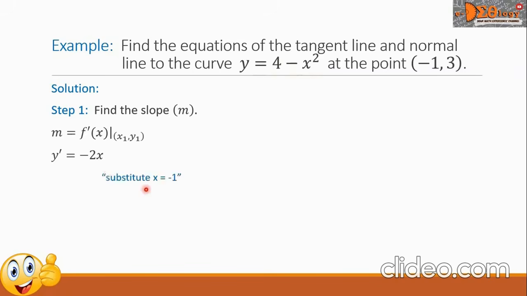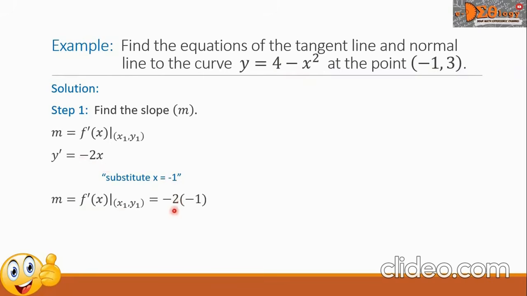Next, let us substitute the value negative 1 to the x. And this negative 1 is the x coordinate of the given point. So we write m equals f prime of x at the point x sub 1, y sub 1 is equal to this negative 2x.